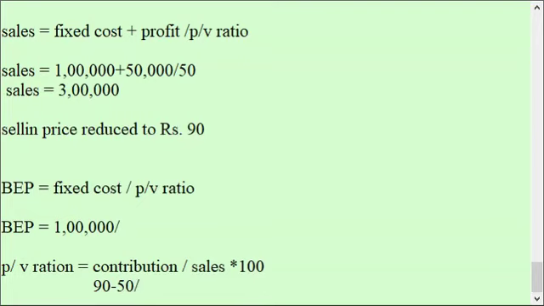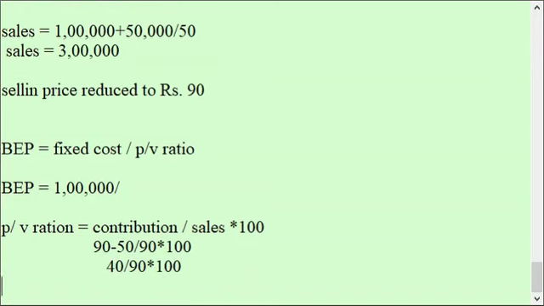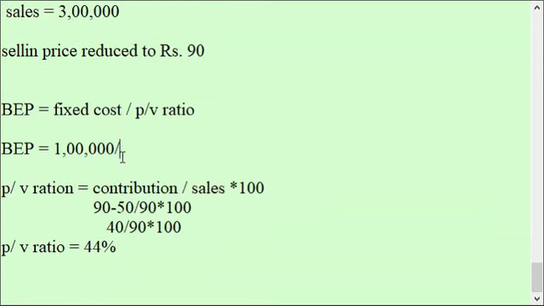So we get 90 minus 50, 40 rupees, divided by 90 into 100. So we get a new PV ratio because the price has been changed. PV ratio is equal to 44%.